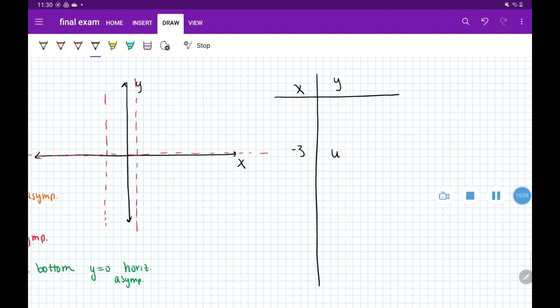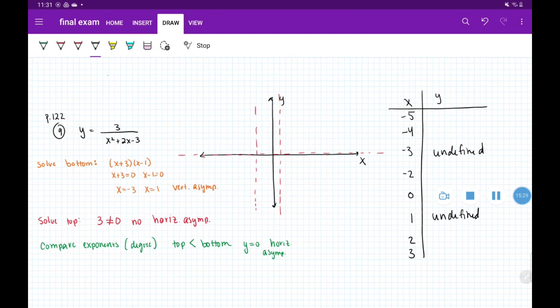We're going to put in negative 3 and see that that's undefined. And let's do negative 2, 0, 1 is undefined. So I'll do 2 to the far left and 2 to the far right.